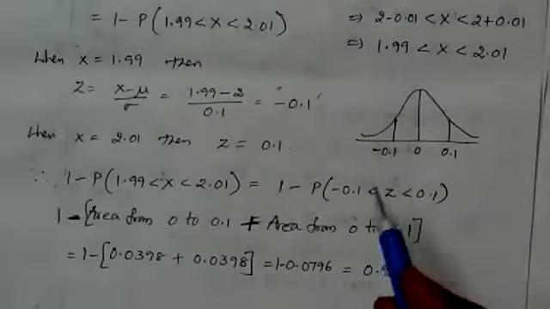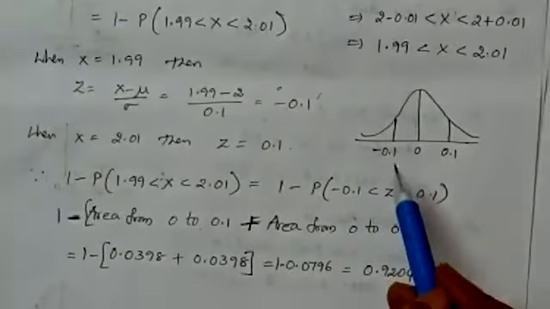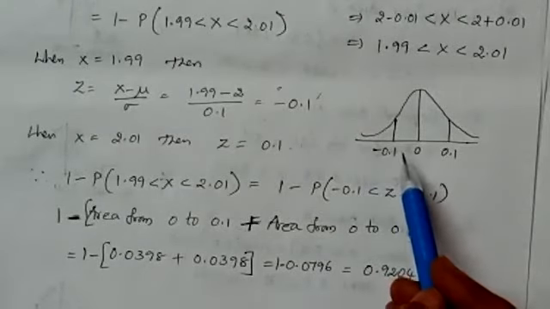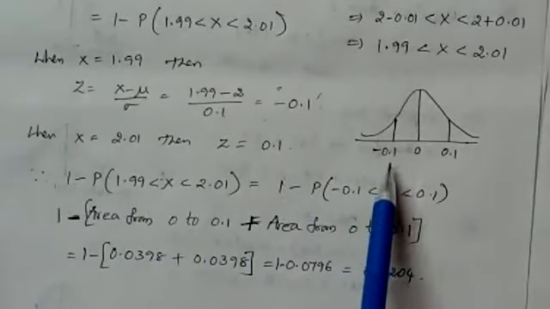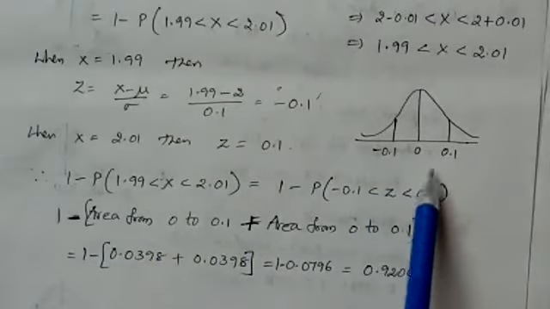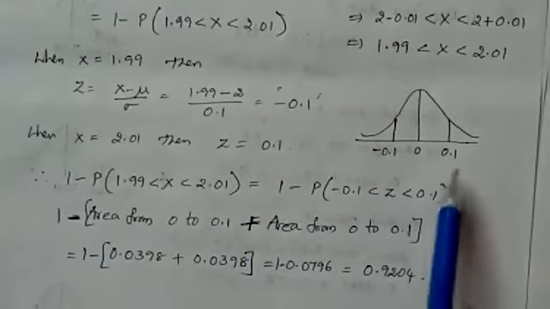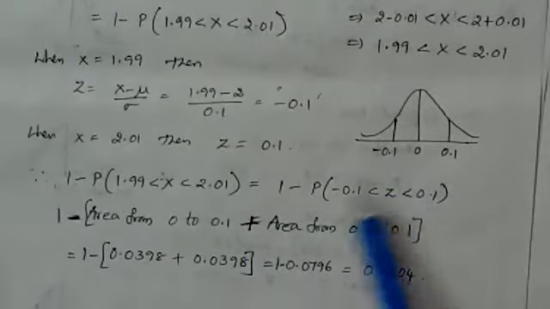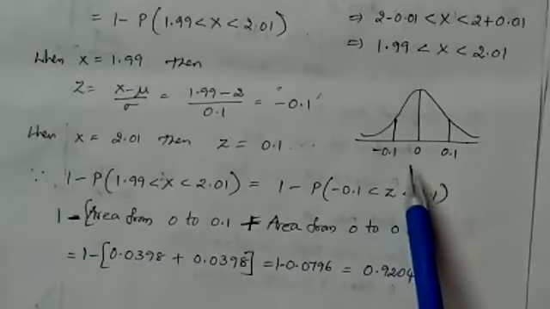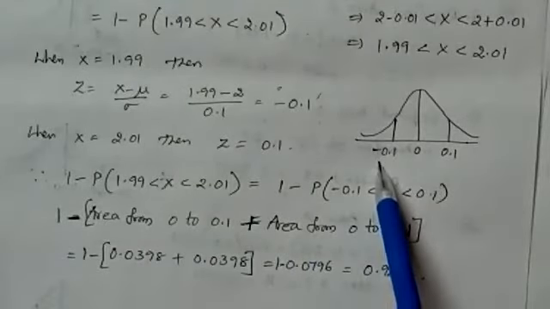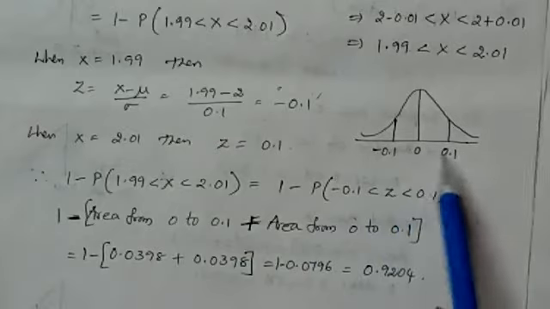Now what you have to find here is the area between minus 0.1 and 0.1. For that I have written 1 minus the area from 0 to 0.1, and again 0 to 0.1.